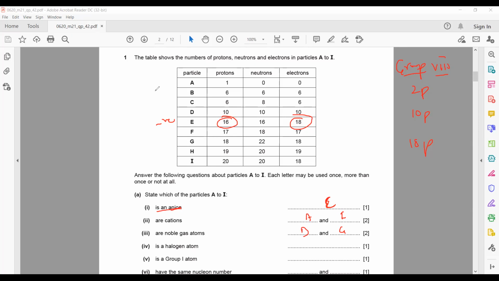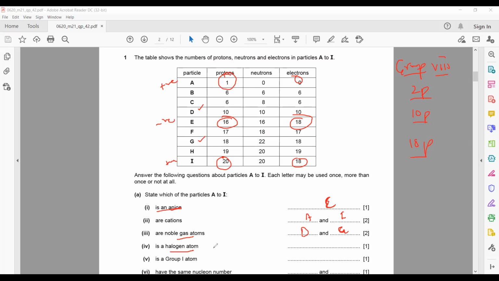A and I are the cations because A has more protons and fewer electrons, so it is a positive ion. And I also has more protons, fewer electrons, so it's also a positive ion. And noble gas means group 8. So noble gas can have atomic number 2, 10, 18 and so on. 2 is not there, 10 is there, that's D. And 18 is also there, that is G. So D and G are the right answer.